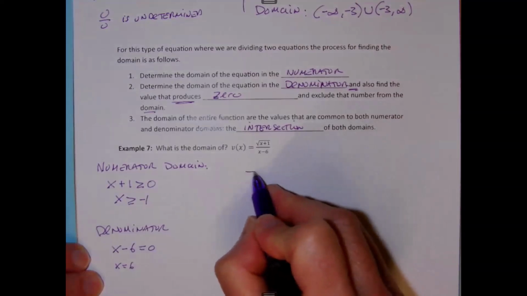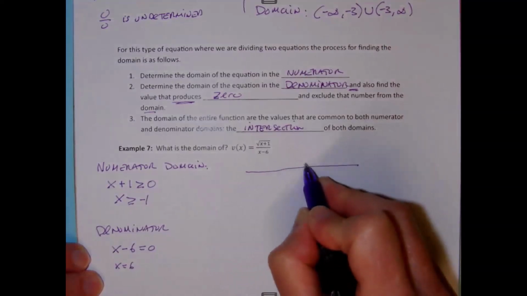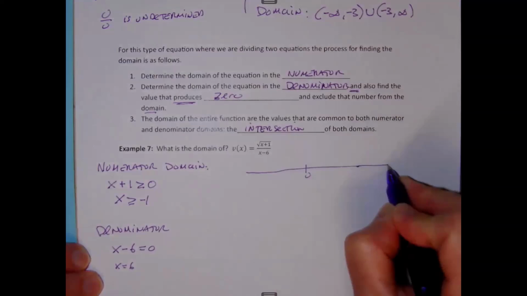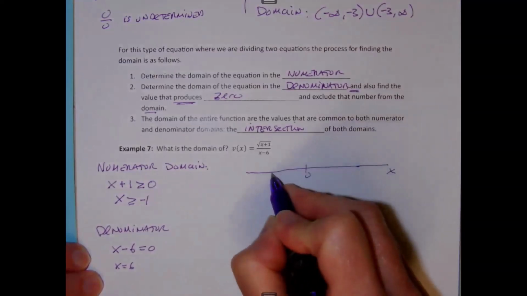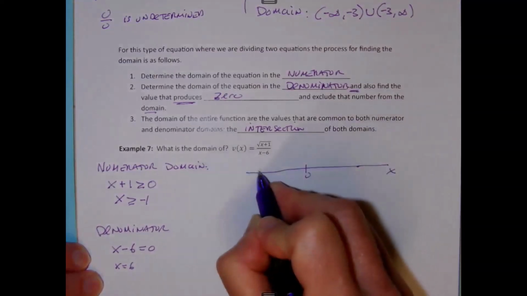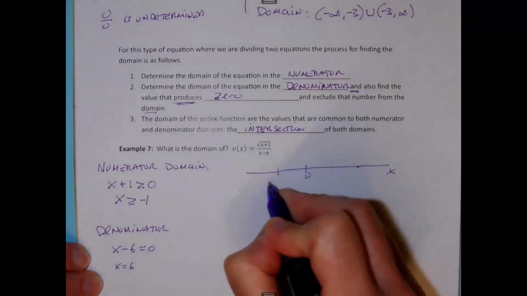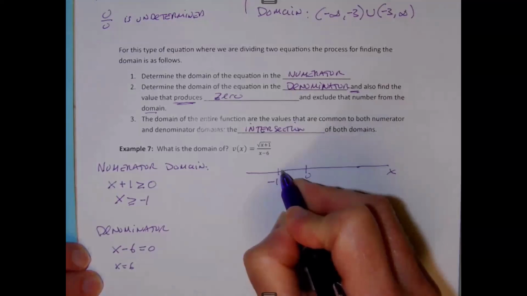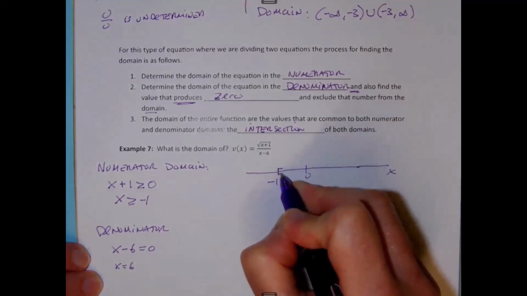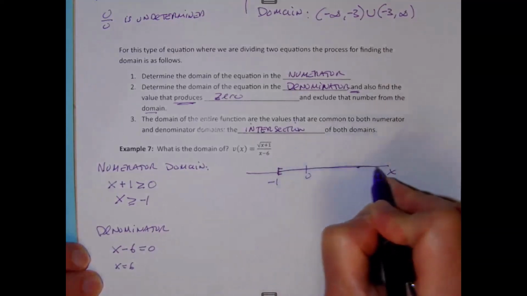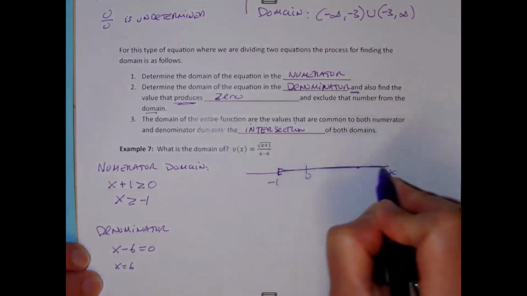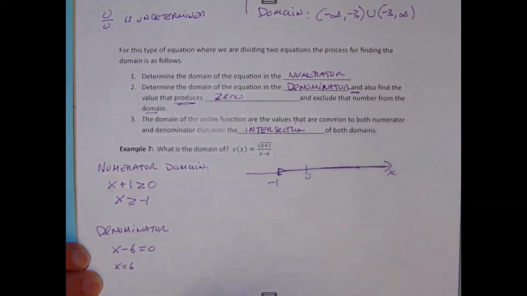Let's just do this in picture form so we can see it a little better. What I have is that I'm going to take into account the numerator. I could use anything greater than -1.